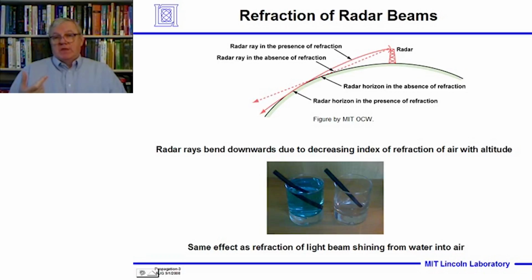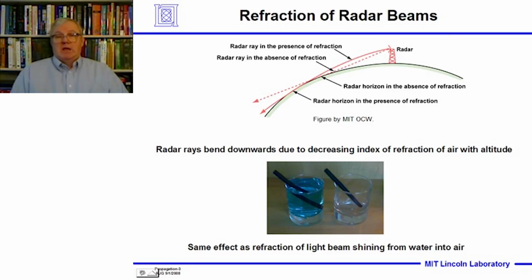Okay? But that 350 parts per million, which we call the refractivity, drops off in a normal atmosphere about 40 parts per million, sometimes as low as 25, sometimes as high as 75, per kilometer of height.